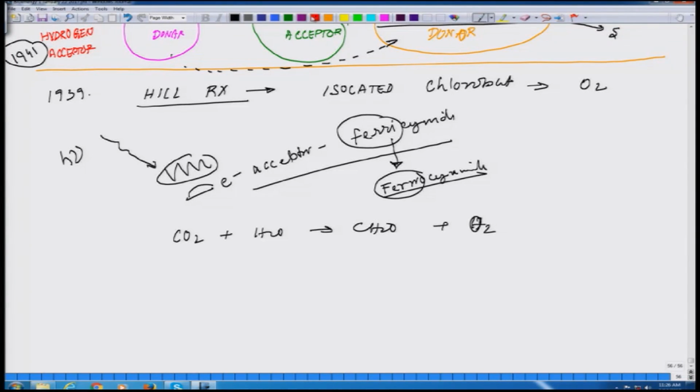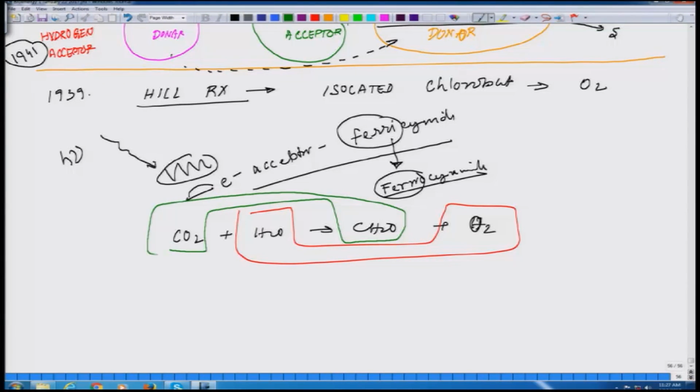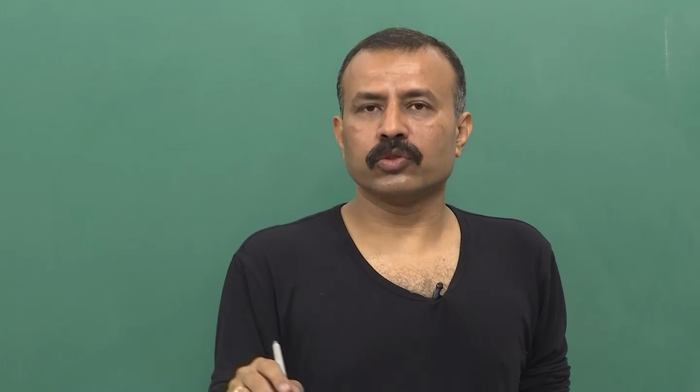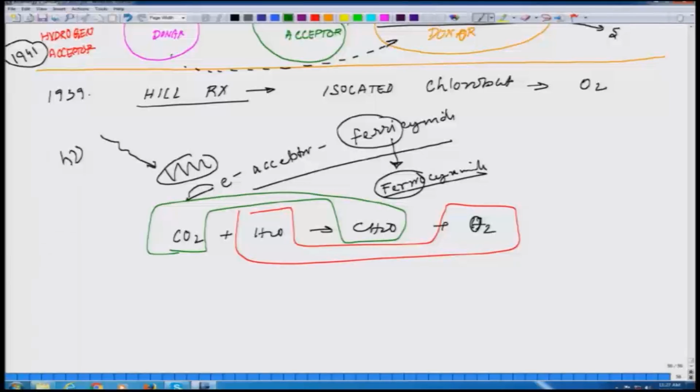This reaction what you see here is independent of the other reaction. Does it make sense? So, it means this H2O to oxygen evolution is totally independent of the reaction of CO2 forming CH2O.